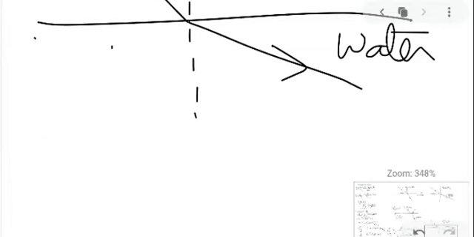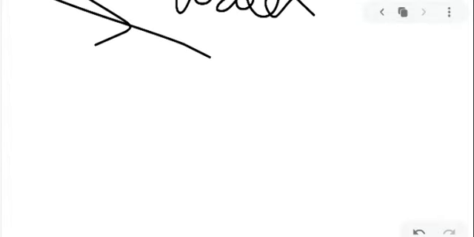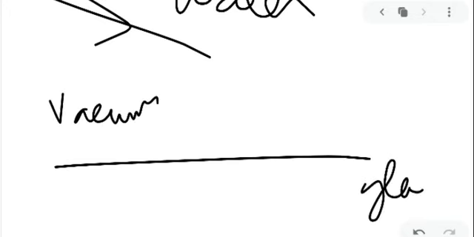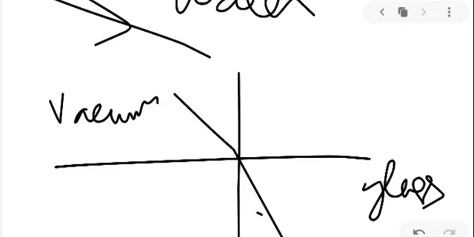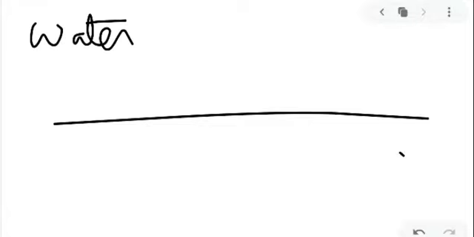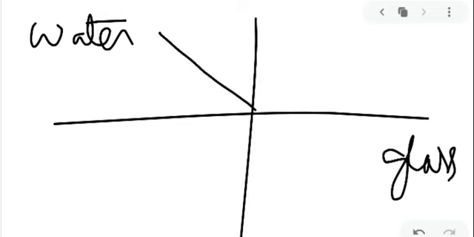Also, for vacuum to glass, light moves towards the normal. For water to glass, again light moves towards the normal.